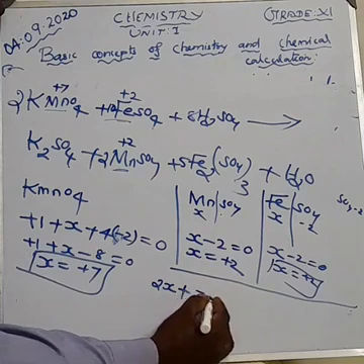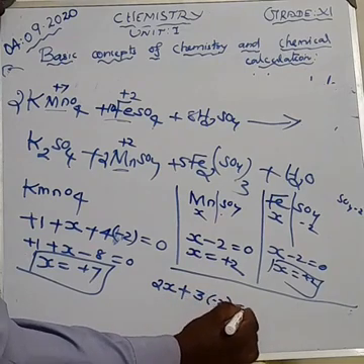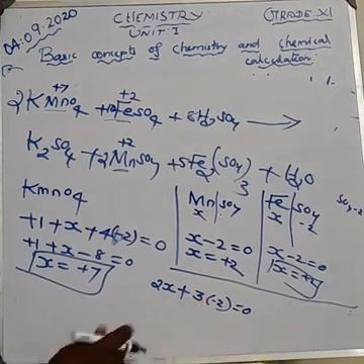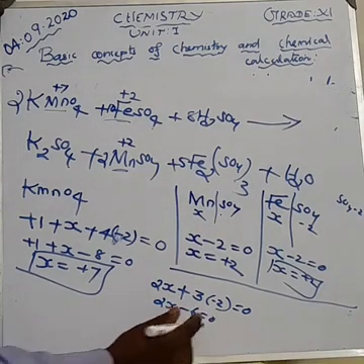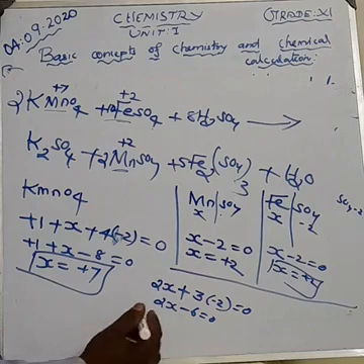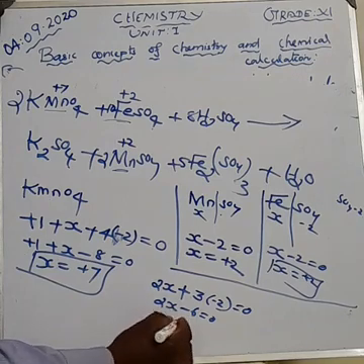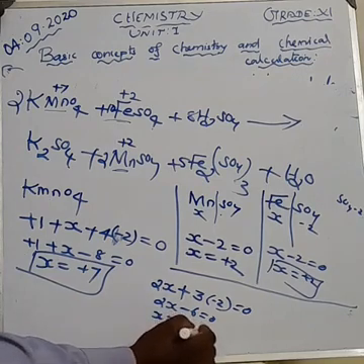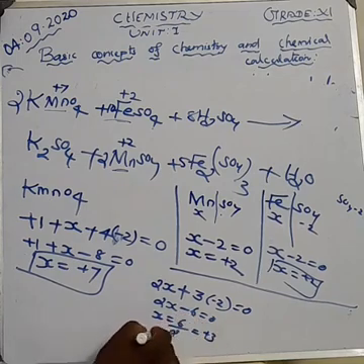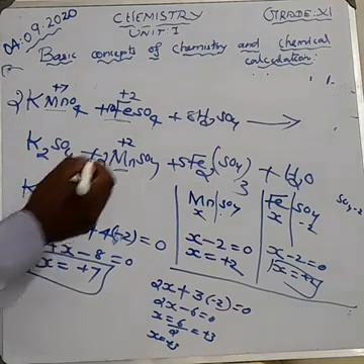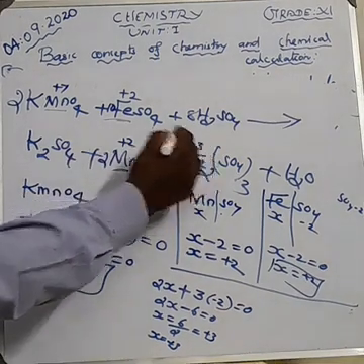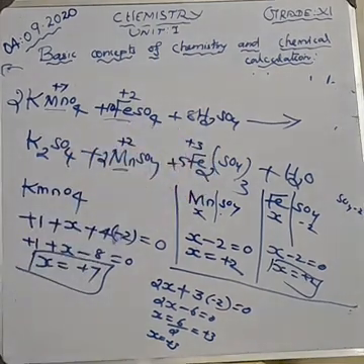So 3 into minus 2 equal to 0. So what is the answer? 2x minus 6 is equal to 0. X is equal to 6 by 2 is equal to plus 3. So here Fe oxidation state is what? Plus 3. Am I right?